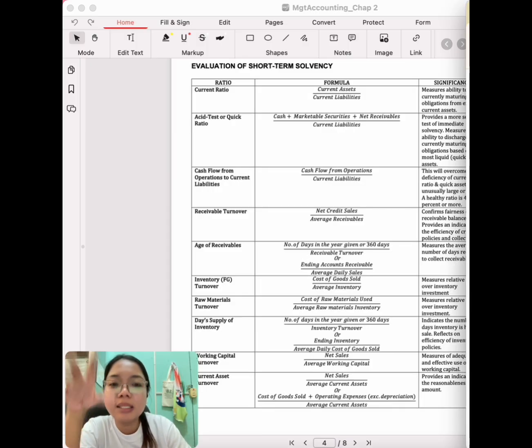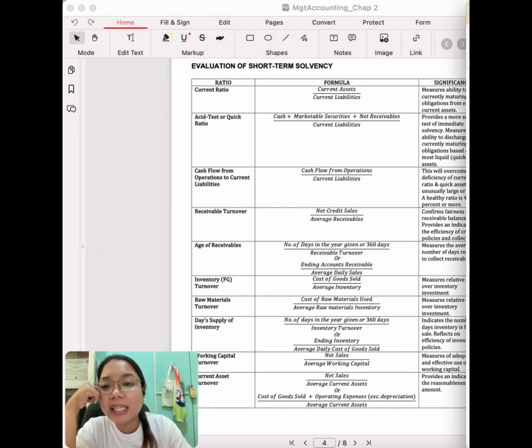So this means that for every 1 peso of current liabilities, yung company, meron siyang 2 pesos sa kanyang current assets. But be careful ha, ang higher ratio is not automatically better in every situation. We still need to understand the quality of those current assets. If it's kaya niyang bayaran yung kanyang mga short-term obligations.